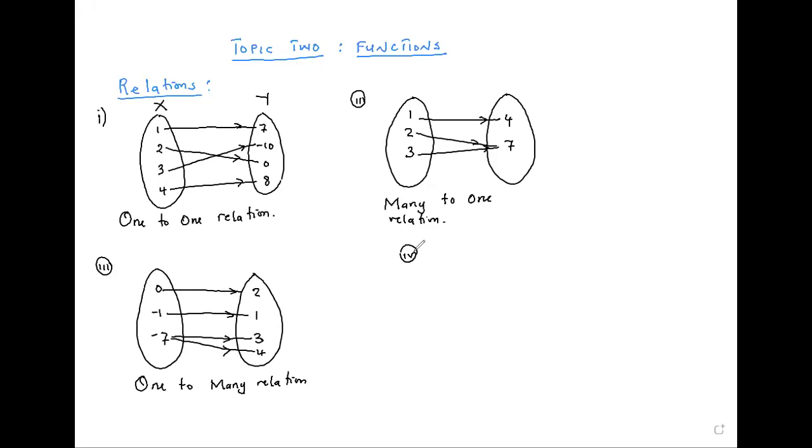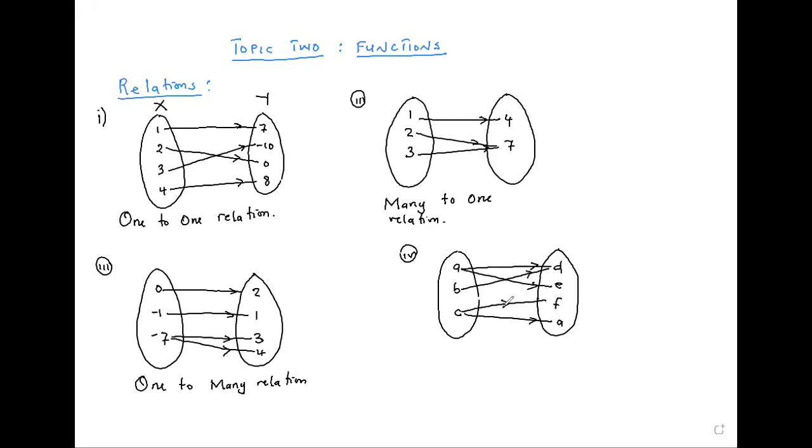And then the fourth one, you have the relation, these two maps, A, B, C, D, E, F. So A goes here, and the same one comes here. This one goes there, and then this one comes here. Let's say this one comes here as well. So we have a many to many relation.